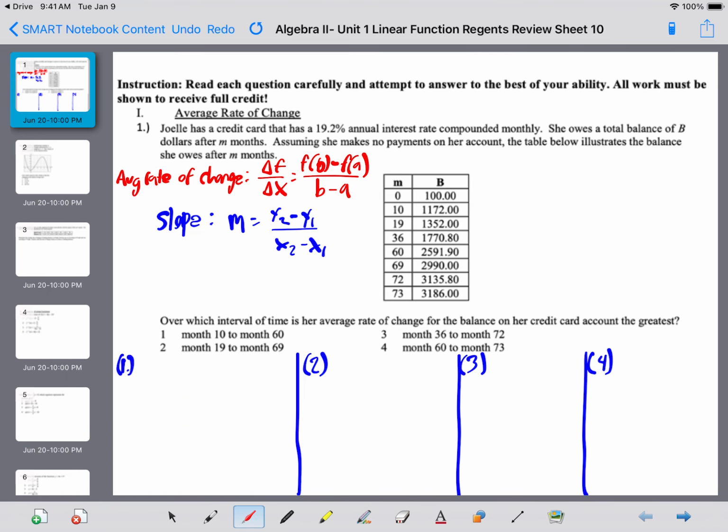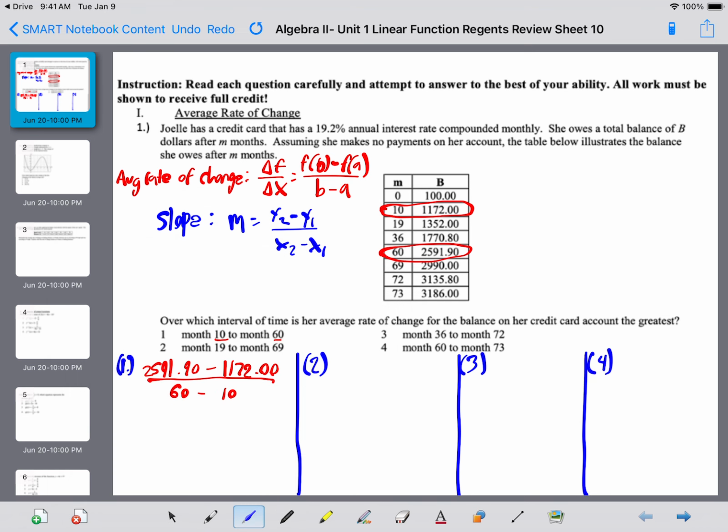So first, for 1, it's month 10 to 60. You're going to do a difference in output. Your outputs are your B's, over difference in input. And in this case, rather than it being delta F over delta X, it would be delta B over delta M. I'm going to put this in my calculator.